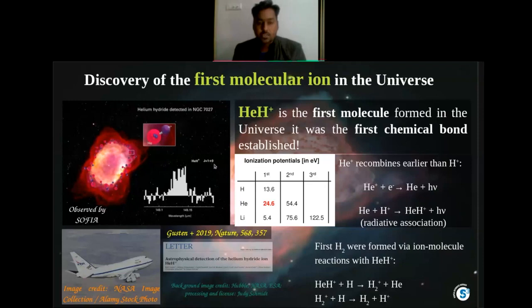They observed the rotational transition J equal to 1-0 in this source. HeH+ is the first molecular ion formed in the universe because helium has a higher ionization potential than hydrogen. He+ ion reacts with an electron, a He atom forms first, and then the He atom reacts with a proton.